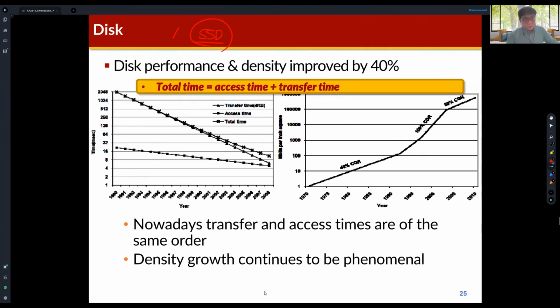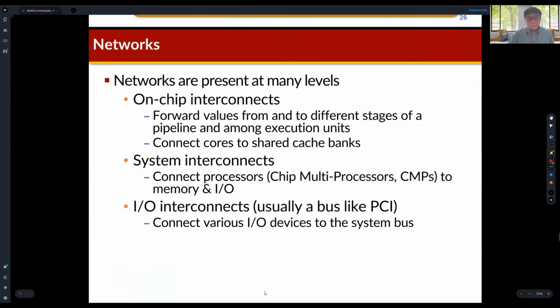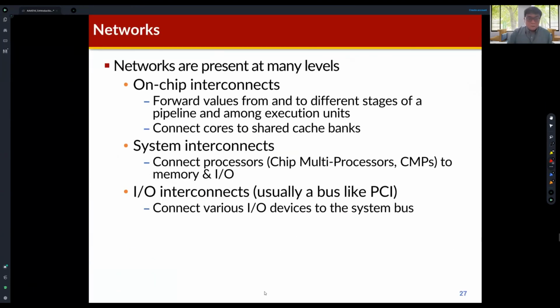So traditionally, storage device was the research area of operating systems, but recently, many computer architecture researchers focused on the storage devices because of big data. Okay. So networks.